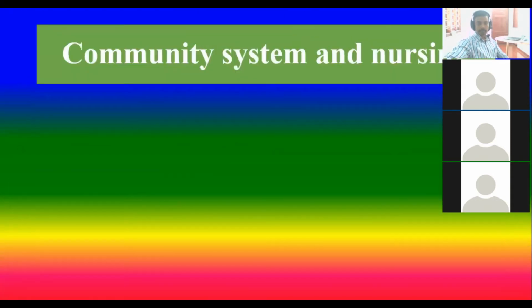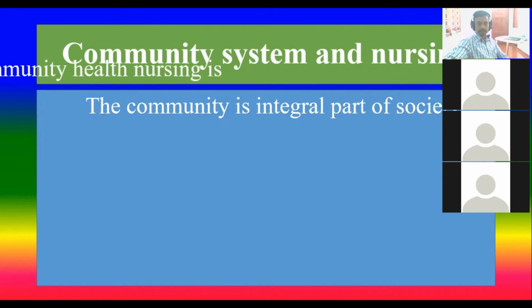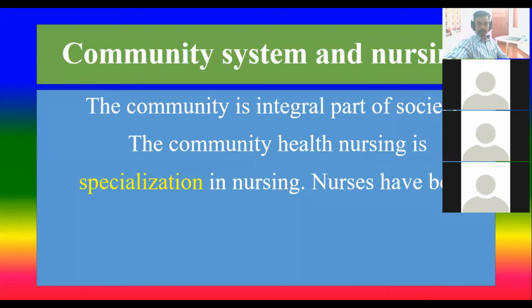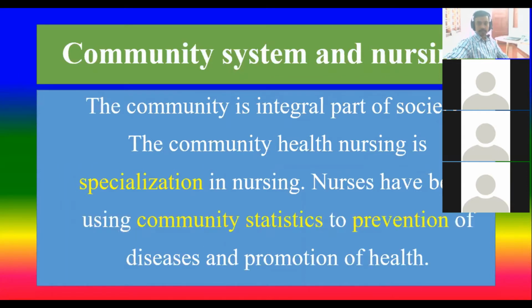Then the community system and nursing. Community health nursing is a specialization. Community statistics, mainly vital statistics regarding population and demographic characteristics of the population in a particular community.